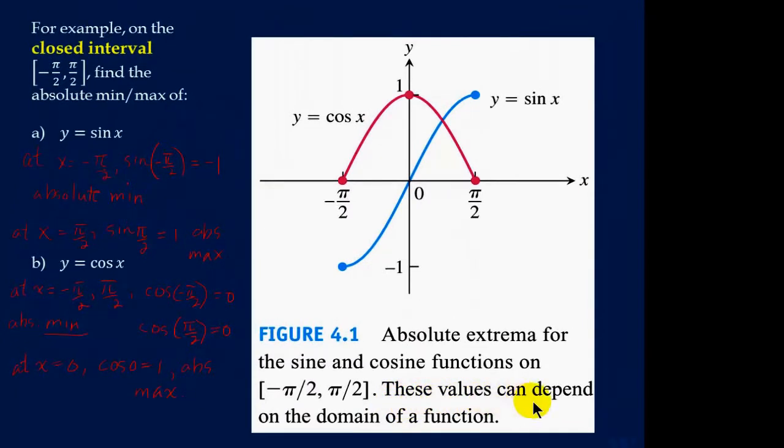And these values can depend on the domain that we've chosen for a given function. We will look into this later when we work on some more examples and exercises at the end of the section.